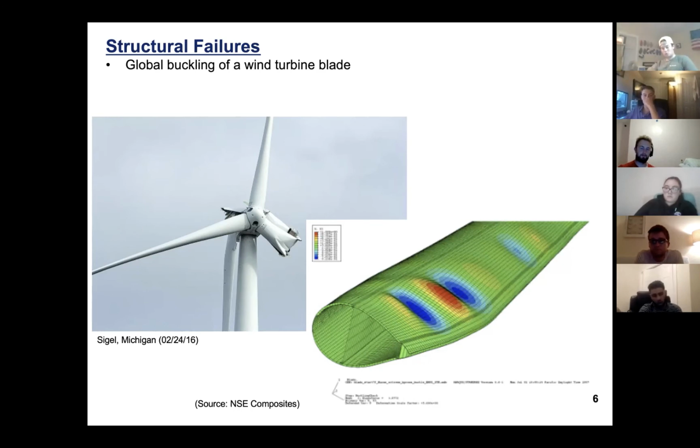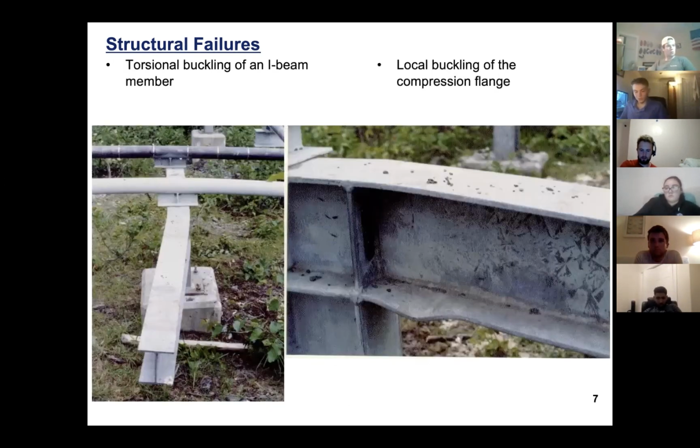You can also use it to assess the potential of local buckling, but you cannot use finite element simulation to assess the potential for global buckling, which is why you need to take structural stability, because for global buckling, finite element will not predict buckling. It will only give you the predicted stress, but it will not tell you that there will be buckling. The best tool to assess buckling is usually through the hand calculations that we will talk about in this class.